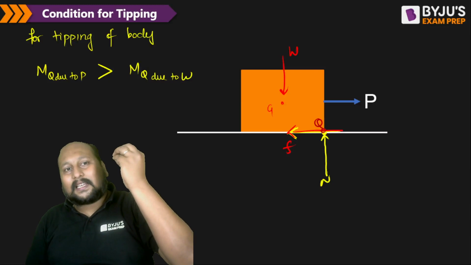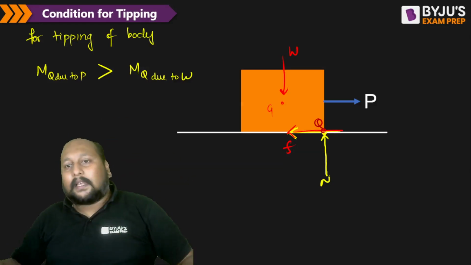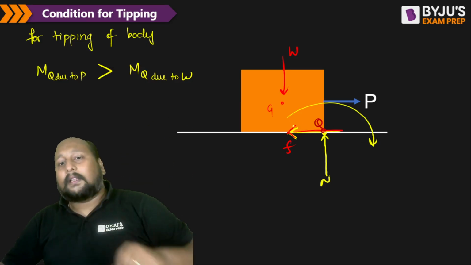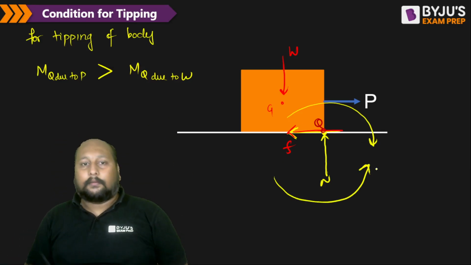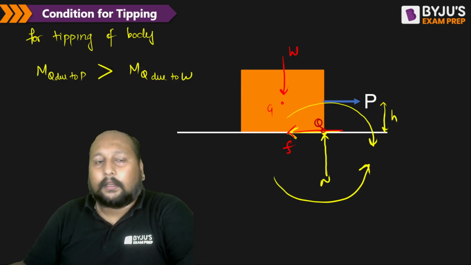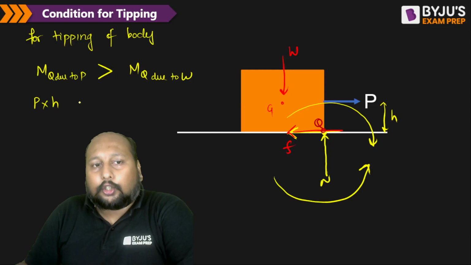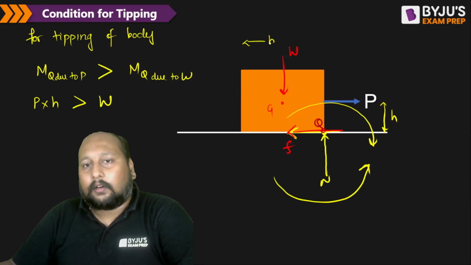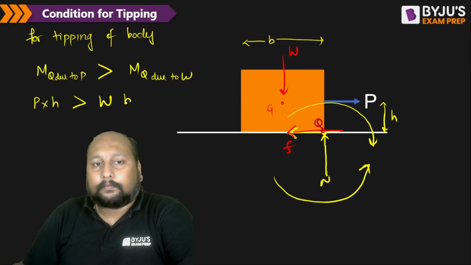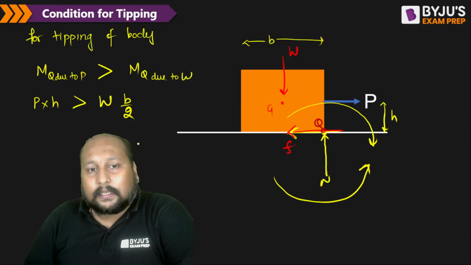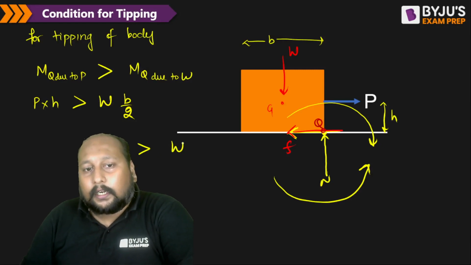If a body is about to tip, that simply means that the moment created by this applied force should be more than the moment created by the weight. Or can we say, let us suppose this height is h, right? So P into h should be greater than W into, let's say this is your width B, so B by 2, right? Or I can say this h should be greater than W into B by 2P, right?